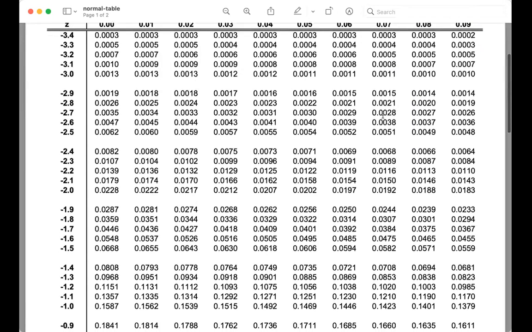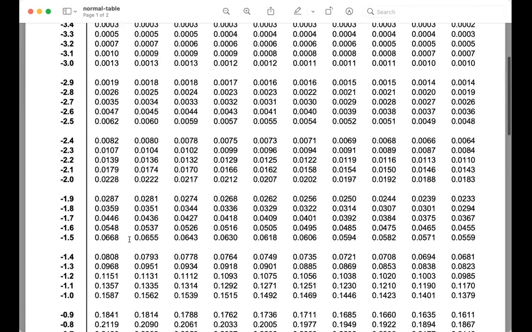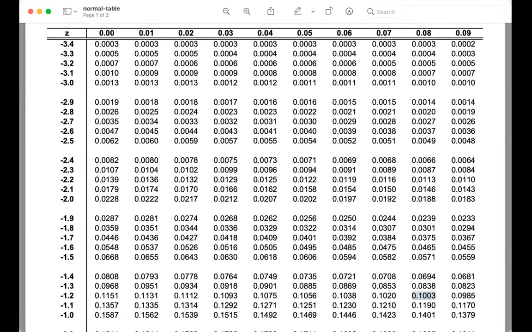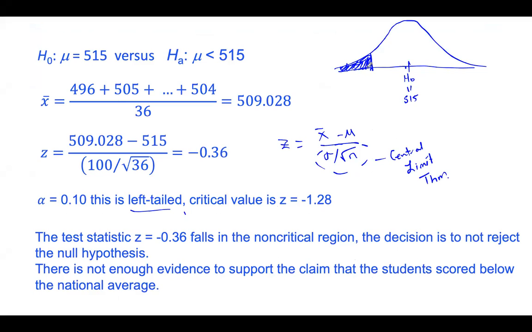So we can look it up and see what is the value closest to 0.10, which is, I think, this value. So negative 1.28 is our z.